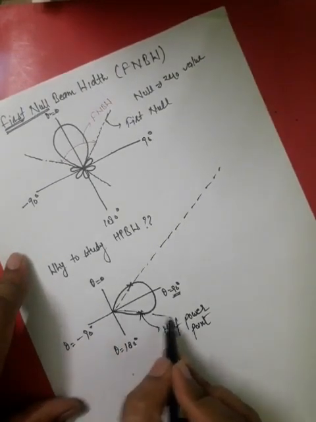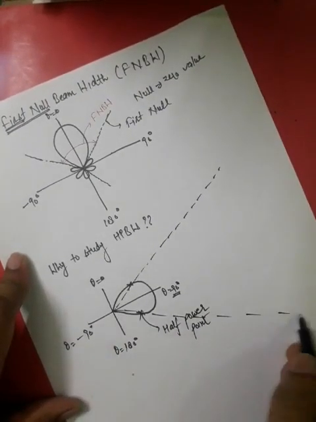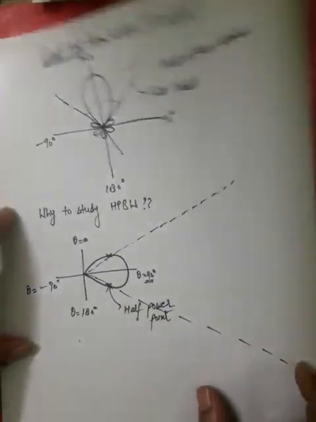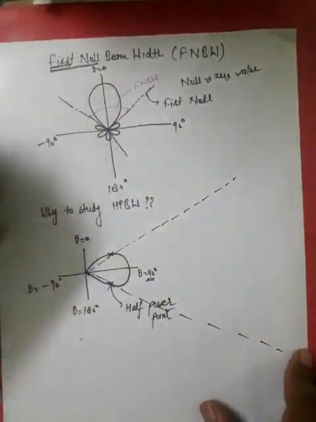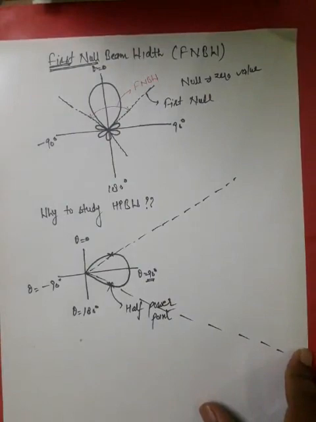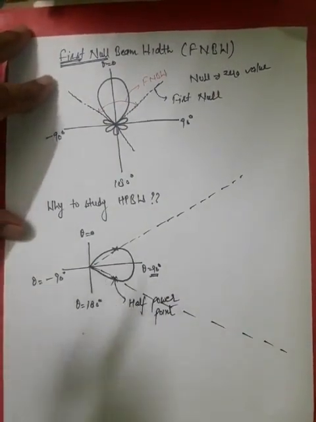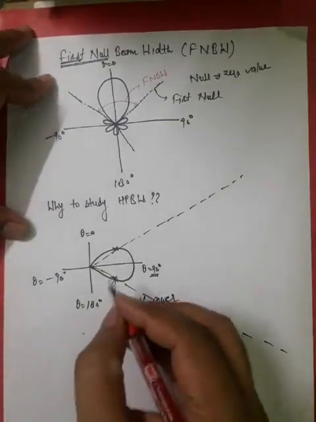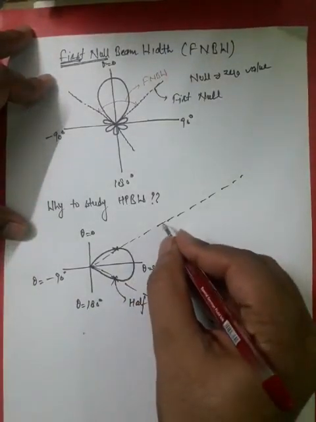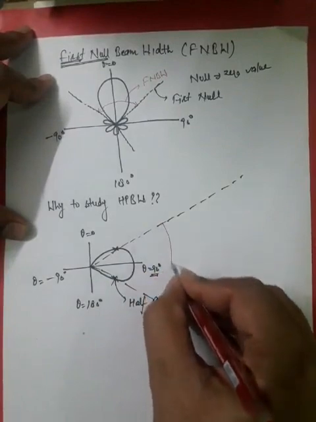Similarly, I will draw this line also somewhat longer. This is your half power beam width.